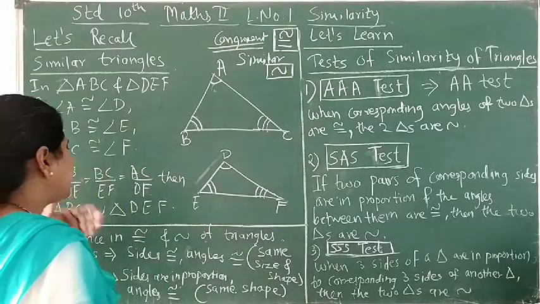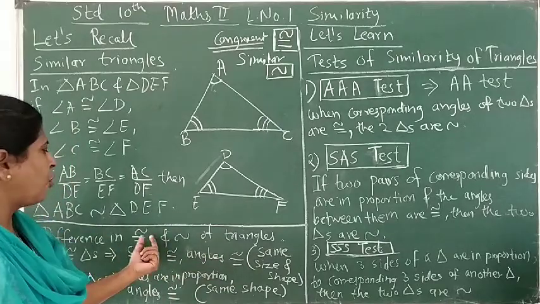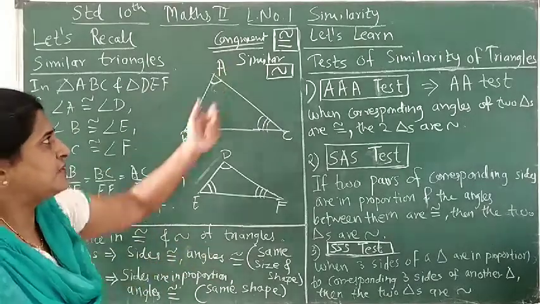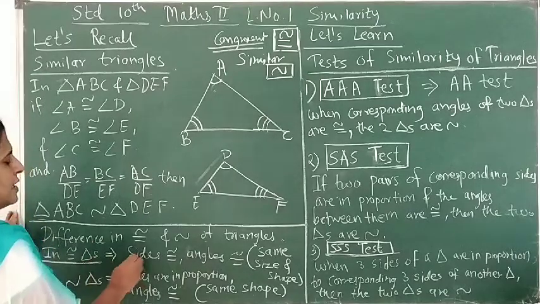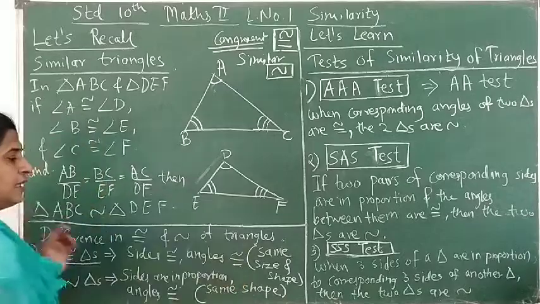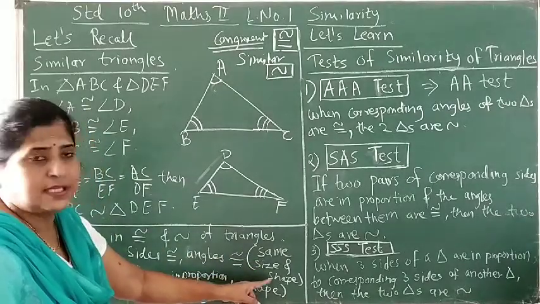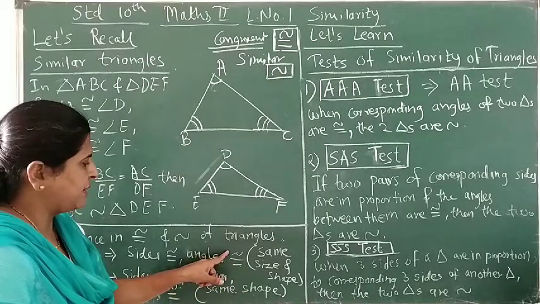Now let's see the difference between congruent and similar triangles, as we have just discussed. In congruent triangles, sides are congruent and angles are also congruent. That's why we call it same size and same shape, and hence we use this symbol of same size and same shape.